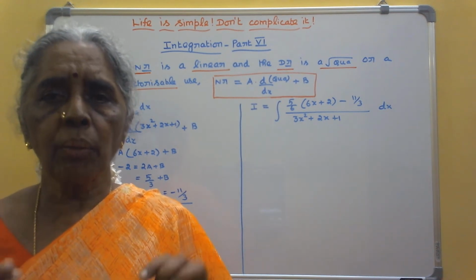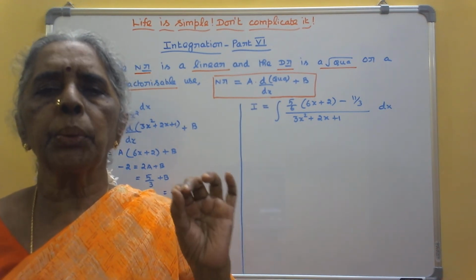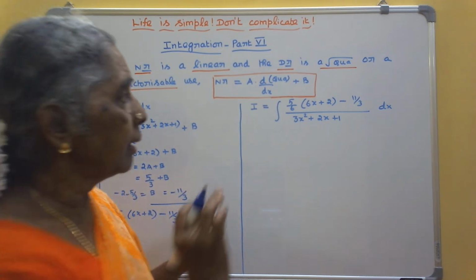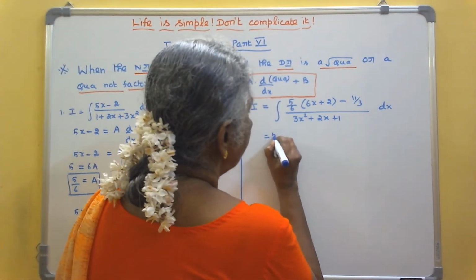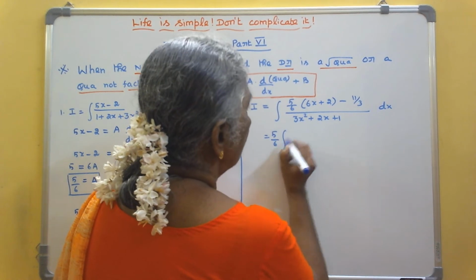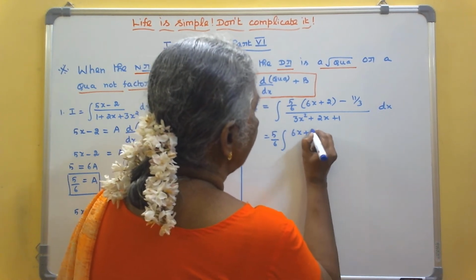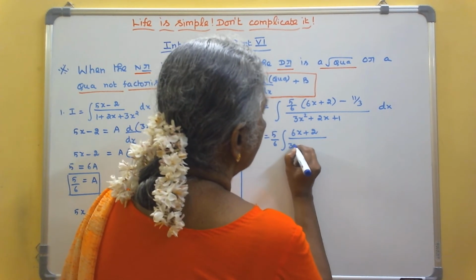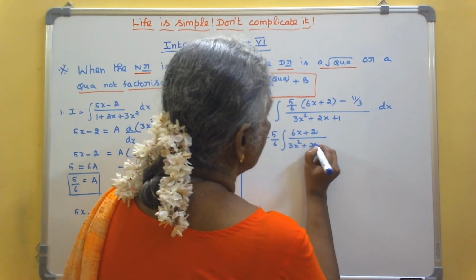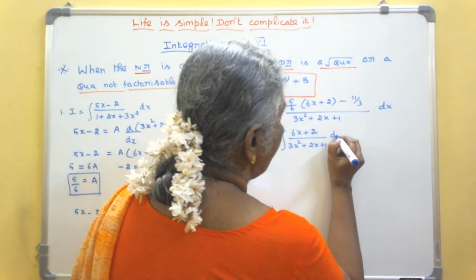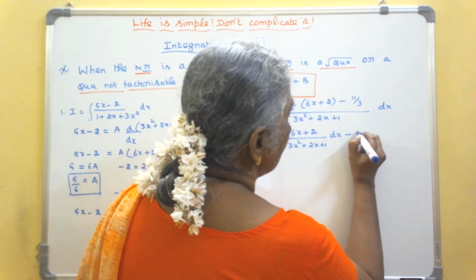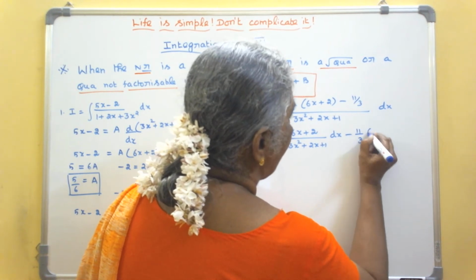Now we are going to split this into two integrals. The first part, I will take 5 by 6 out and I will write 6x plus 2 by 3x squared plus 2x plus 1 dx. Second part minus, I will take 11 by 3 out.